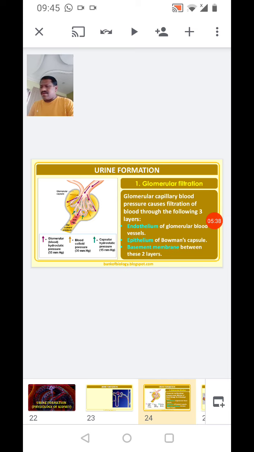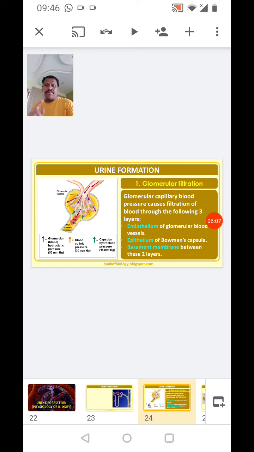Number one is the hydrostatic pressure of the blood of the glomerulus, which is 60 millimeters Hg, and this pressure always favors the filtration of the blood.